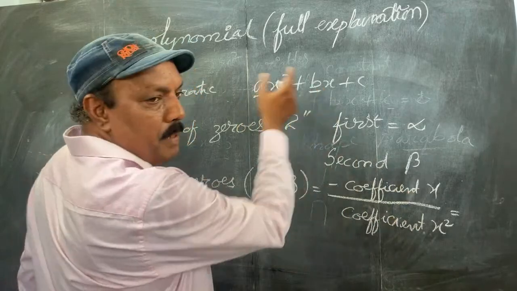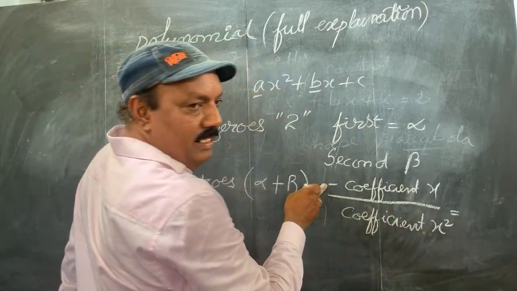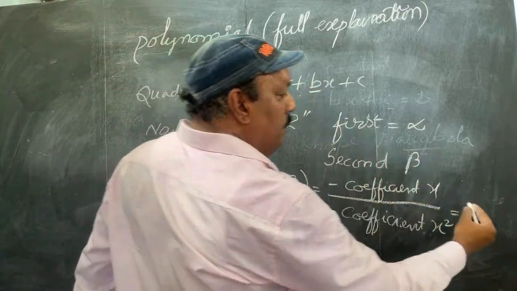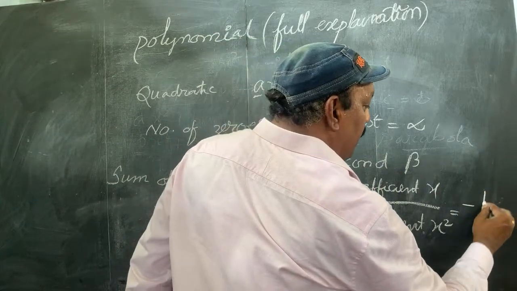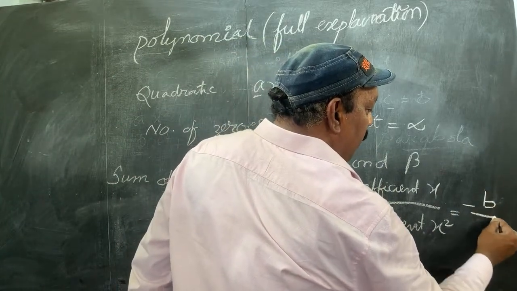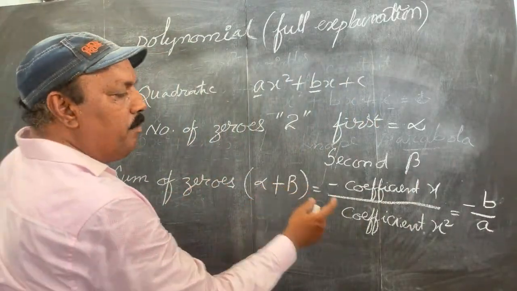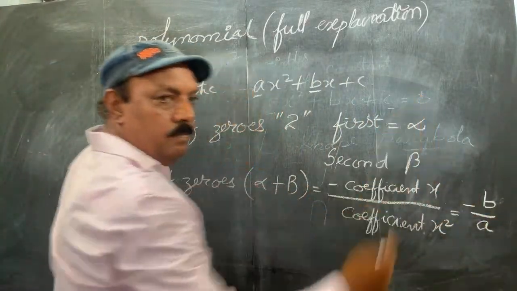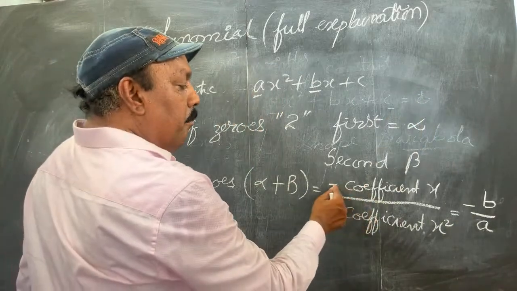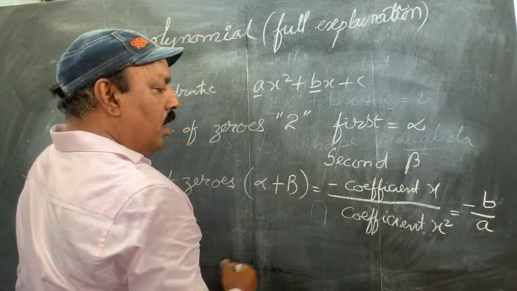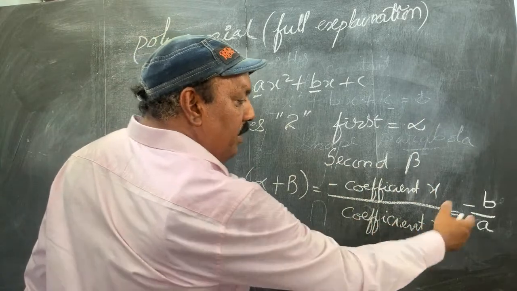The number in front of x is called the coefficient of x. Even if there is no minus at the start, we must put a minus here according to the formula. Minus b by a. This is the first formula: the sum of the zeros, alpha plus beta, is minus b by a.